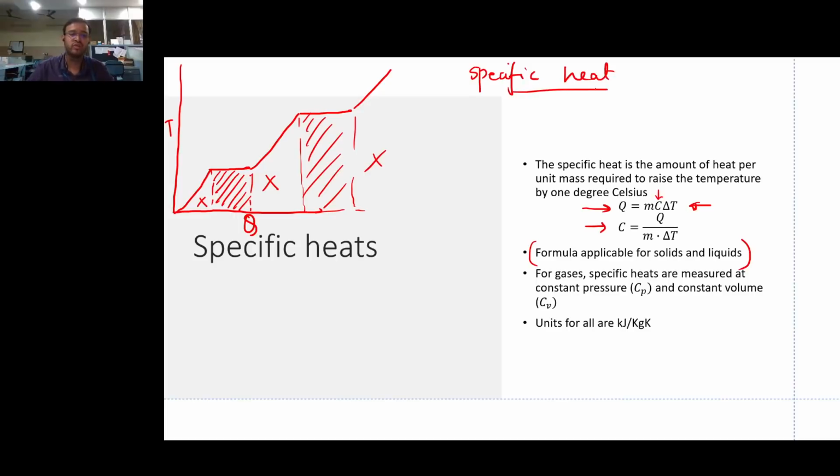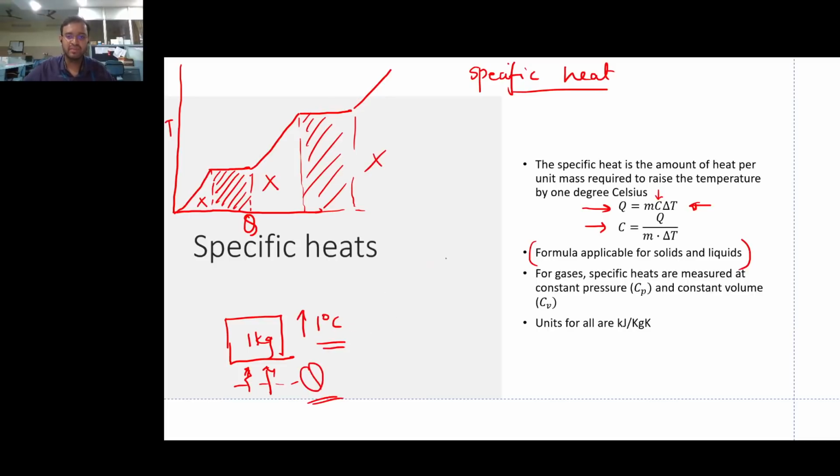So what you do is you take a unit mass of whatever you want. Say you have a unit mass of a block of metal, and unit mass means 1 kg. So you take a block of 1 kg of metal and you start heating it up, and you measure the amount of heat that you're putting in. The moment the temperature rises by 1 degree Celsius, the amount of heat that you got is nothing but the specific heat capacity.